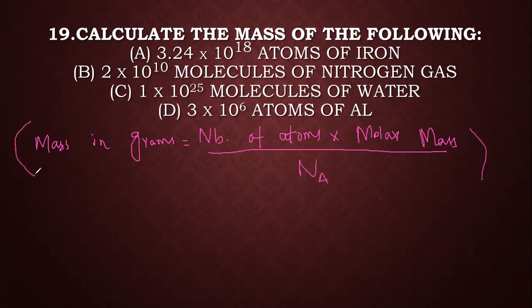So mass in grams equals number of atoms multiplied by molar mass divided by Avogadro number.